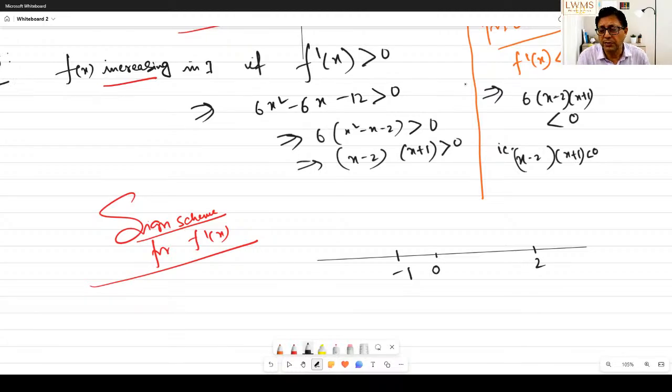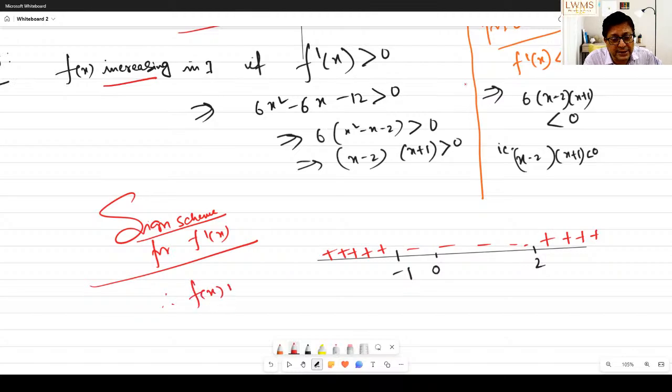Now we just take the wavy curve concept. You are all familiar with this. Greater than 2 all positive. In between it is negative. Then again positive. You can decide by putting values also. So the function will be increasing where it is positive.